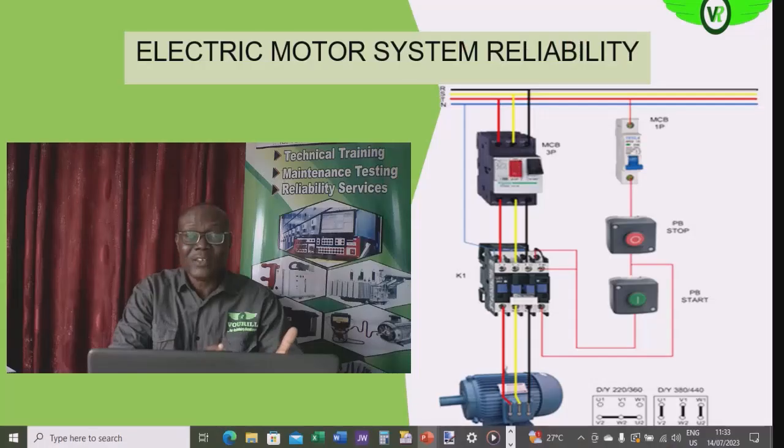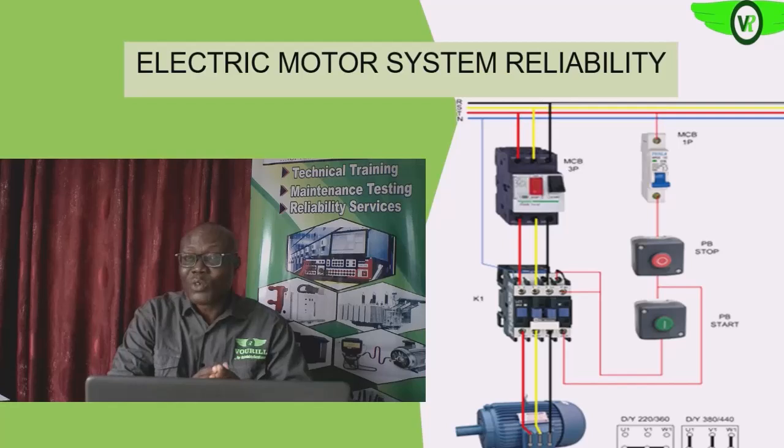So in the case of our electric motor system, it can deliver on the reason why it was installed in the first place, when it is actually needed for it to deliver on that particular reason. So in that case, we can say the electric motor system is reliable.